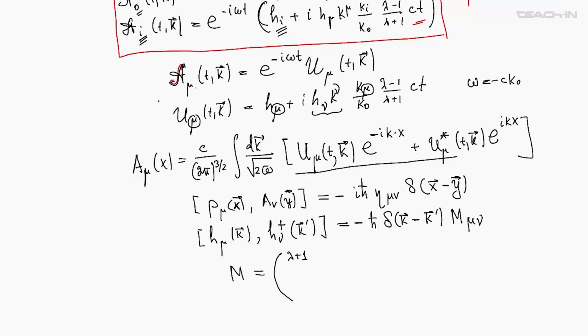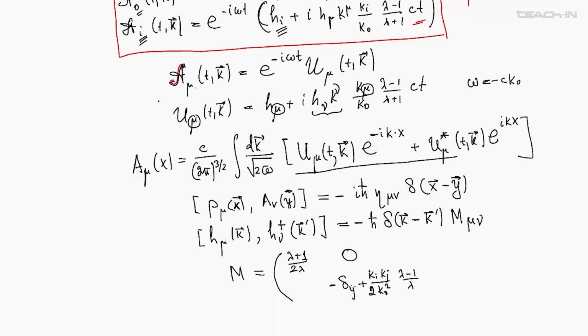Then on the diagonal there will be minus delta ij plus ki kj divided by 2 k0 squared lambda, minus 1 divided by lambda. The first row will contain only zeros, and the first column will also contain all zeros.